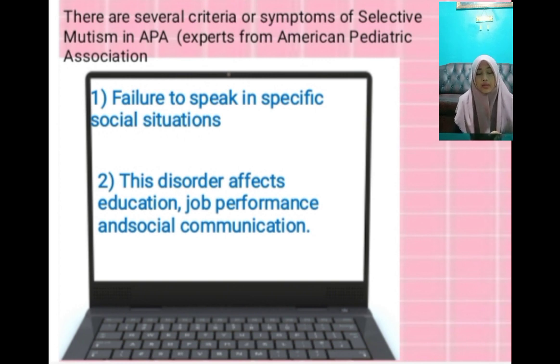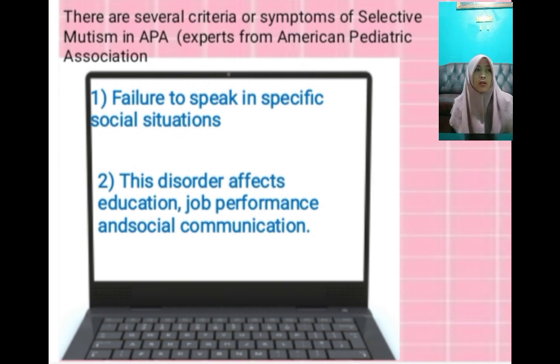Third, this disorder has been present for at least 1 month and is not limited to the first month of school. Fourth, failure to speak is not due to lack of knowledge of or comfort with the language used in the social communication situation. Fifth, facial expression.